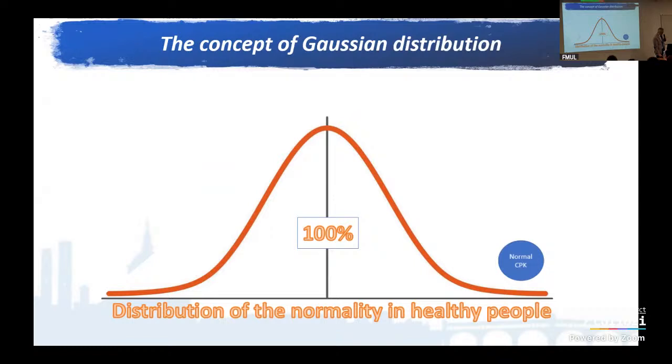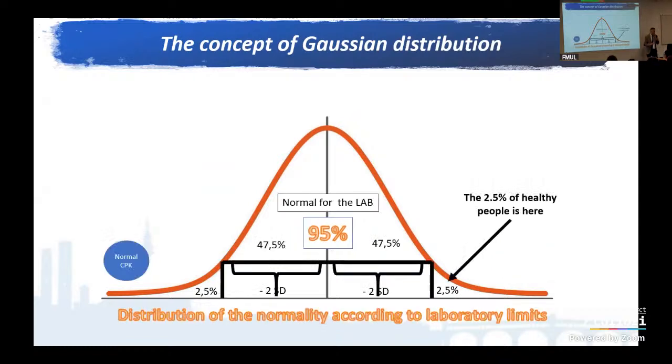But we have also another issue that is addressed to the normal limit according to laboratory limits, because we have some patients that are part of this 2.5% of people that, despite being normal, have values that might be much higher with respect to the laboratory reference value. So this is a problem because these people are normal from both the left and the right. Maybe someone has a very low CPK, this is not a problem for us, but someone normal, healthy, may have an increased level of CPK.